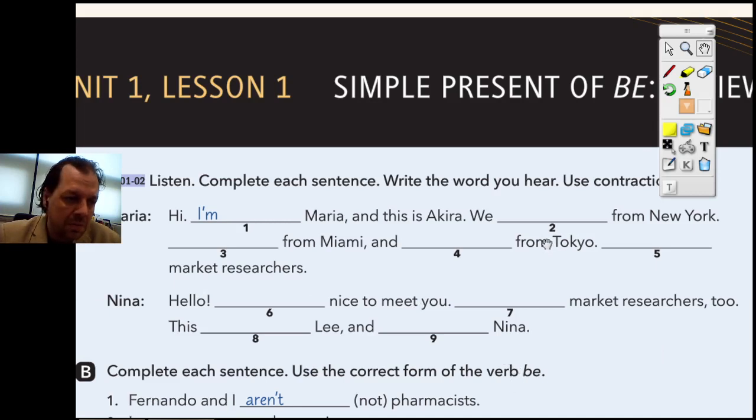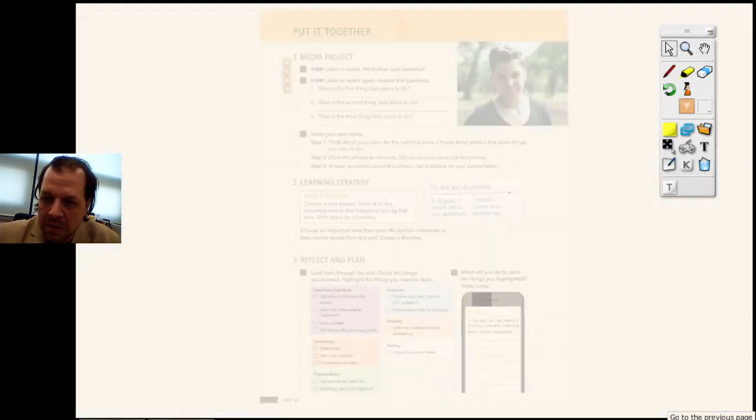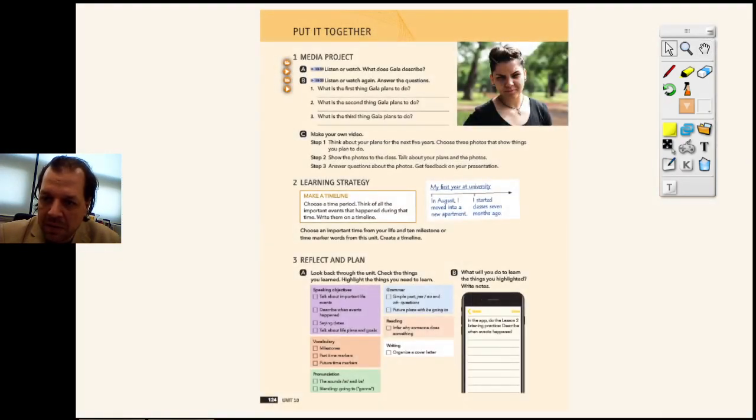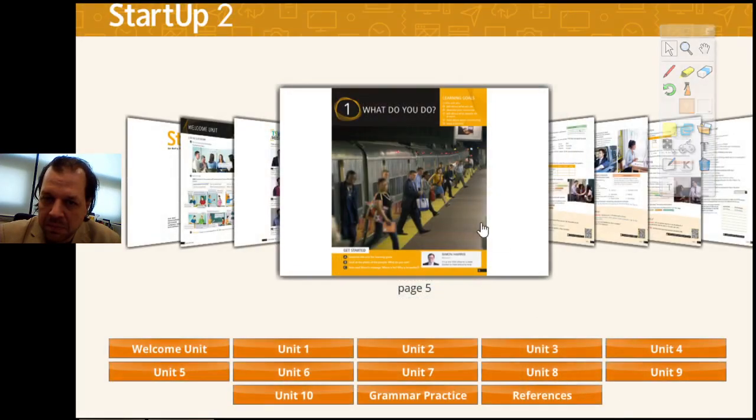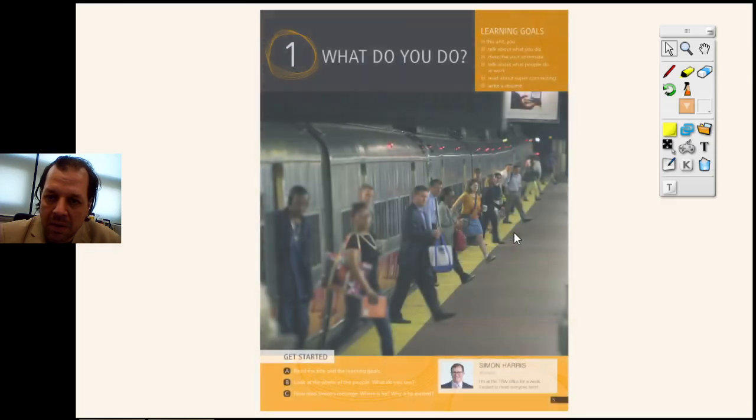So you can back up and listen to that again if you'd like. But once you've finished that page, let's see, can we go back? Just a moment. Do it this way.